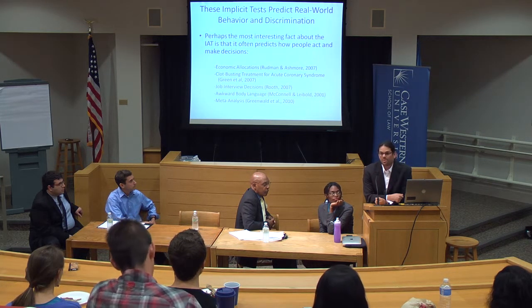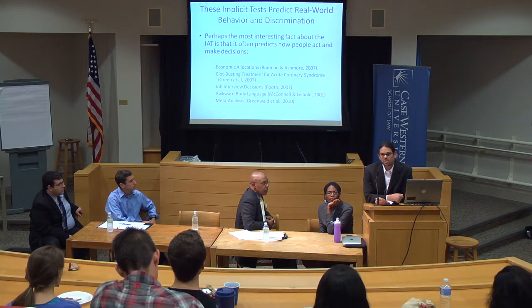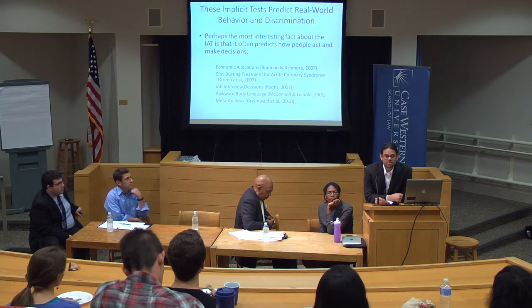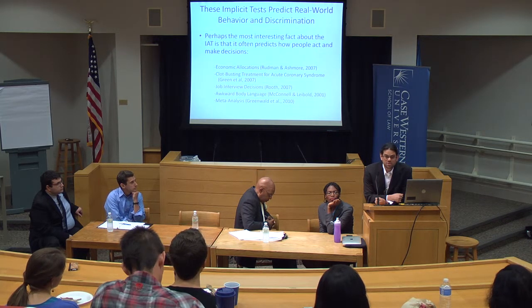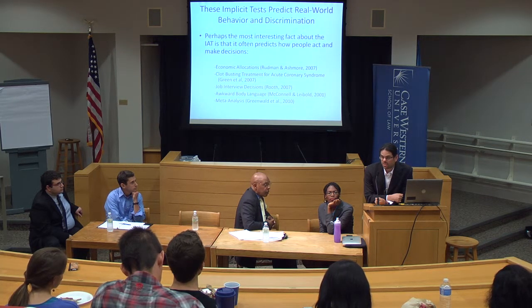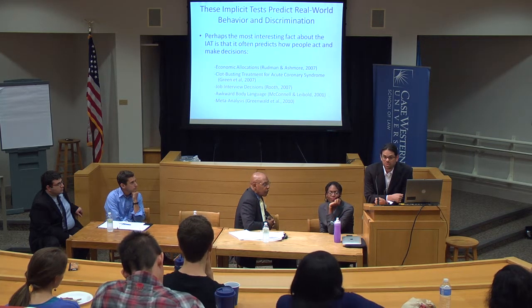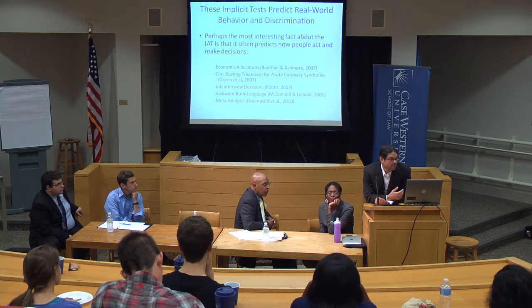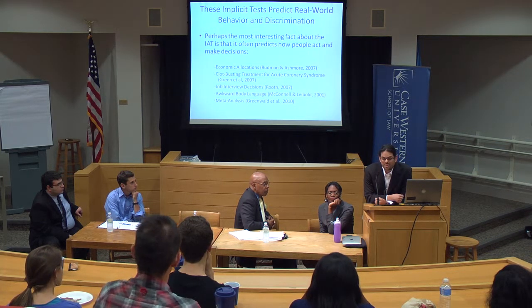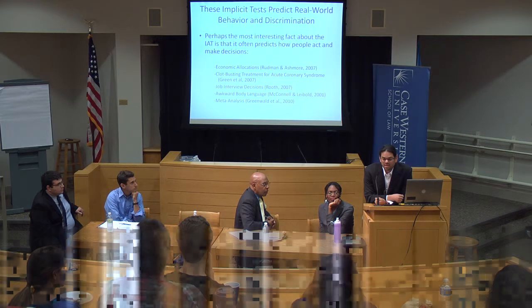So economic allocations. This was a student study, but it's an interesting study. They tested students by telling students of a budget crisis, which I think is quite believable. And the students were asked to help the administration decide how to cut funds across student organizations, like BALSA. And then they did that measure.